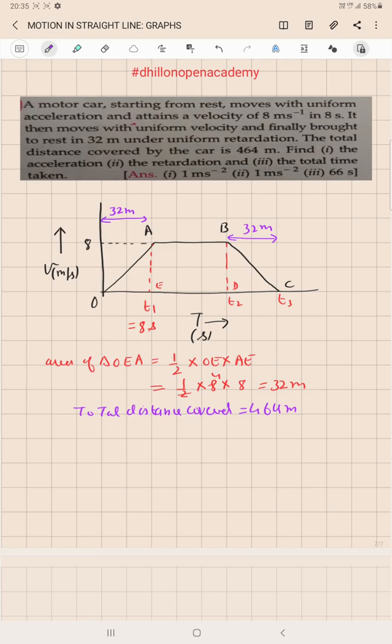That means distance covered in between AB, from time t1 to time t2, will be equal to 464 minus 32 minus 32. That will be equal to 400 meter. So this much distance is equal to 400 meter.